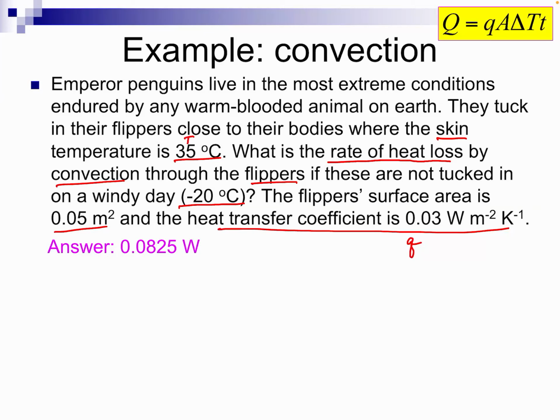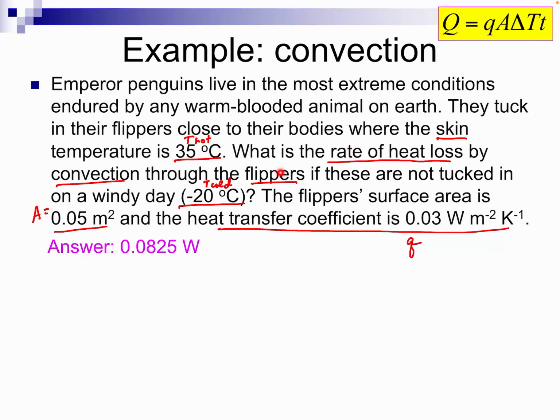Right. The body temperature of the penguin is hotter than the temperature of the wind, the atmosphere, and we're given the area A. And what we want to find is the rate.